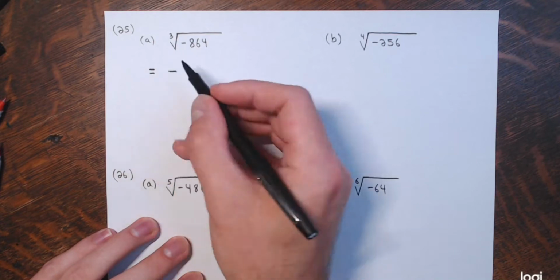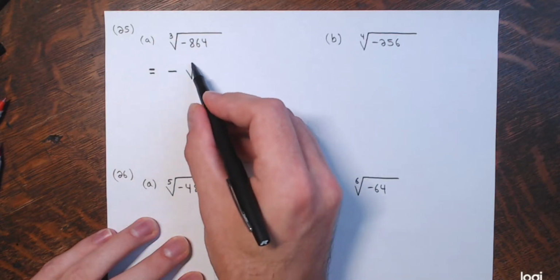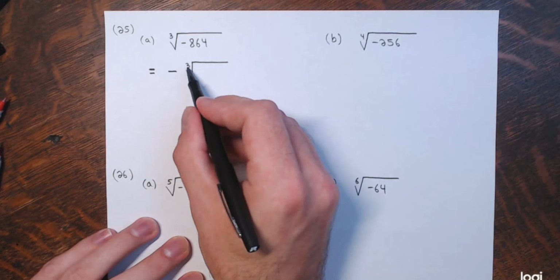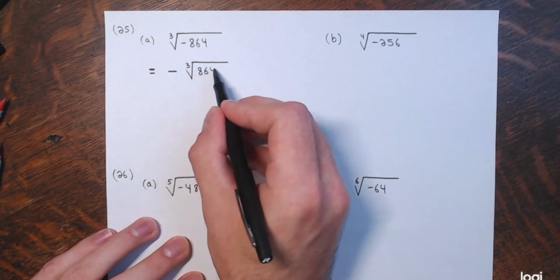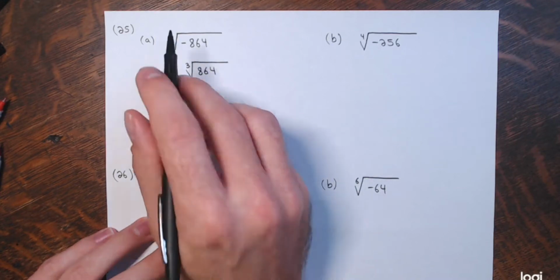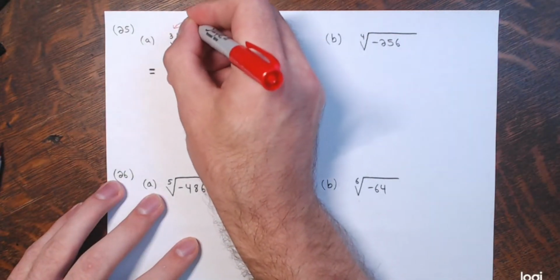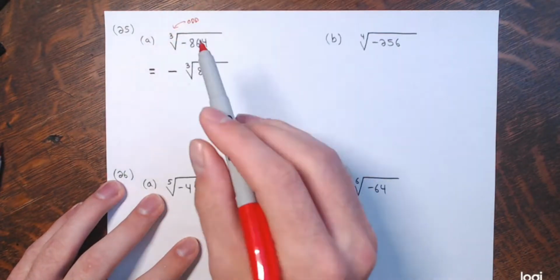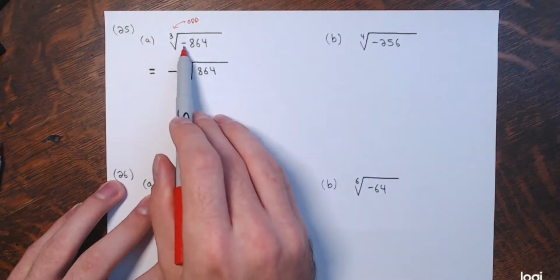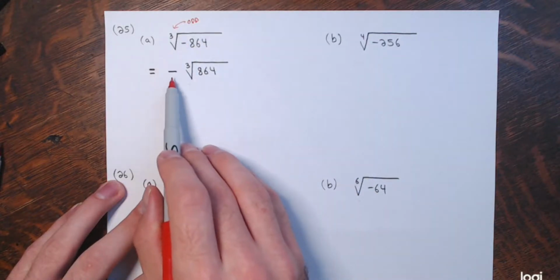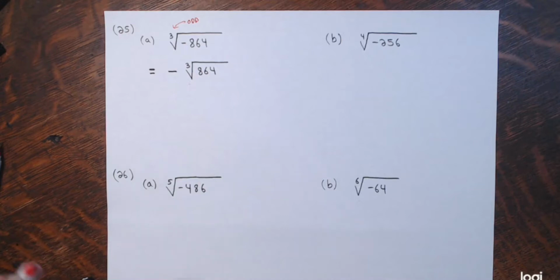It'll just be the opposite of the odd root of that positive number. So with odd roots, right, the odd root of a negative number is, you can just pull the negative out if you want, and you'll get the same result. Okay.